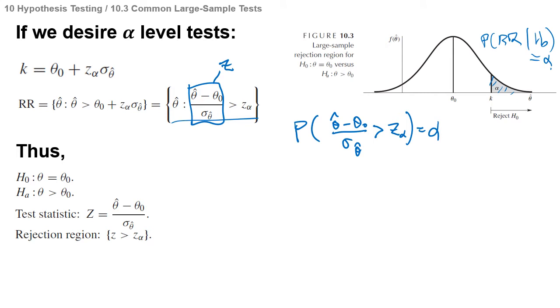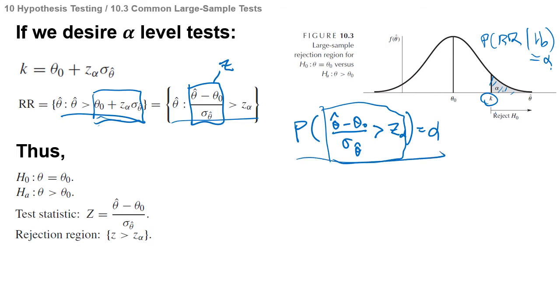We can rewrite this as theta hat being greater than this value, and this value is k. So if we desire an alpha level test, we set k as this one, and then we will get an alpha level test.